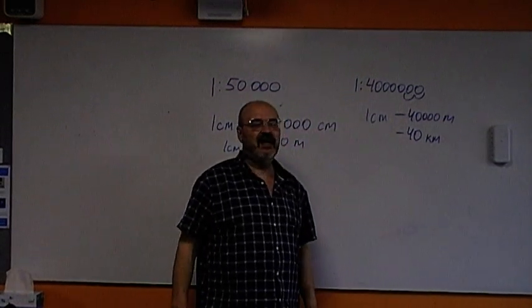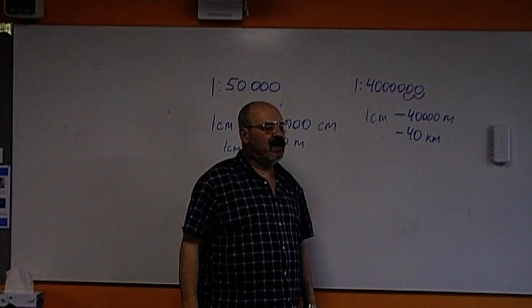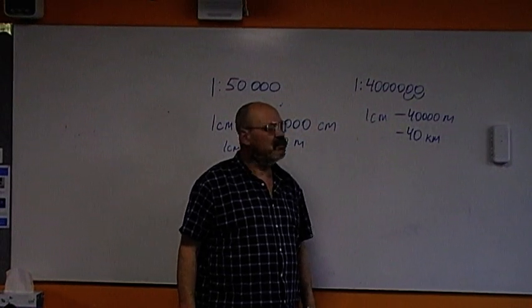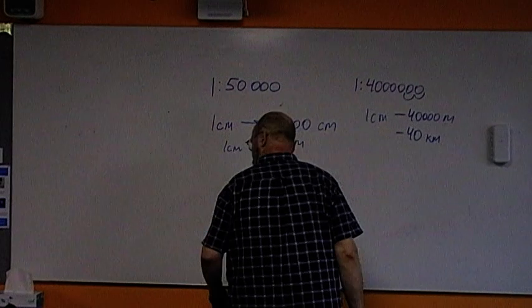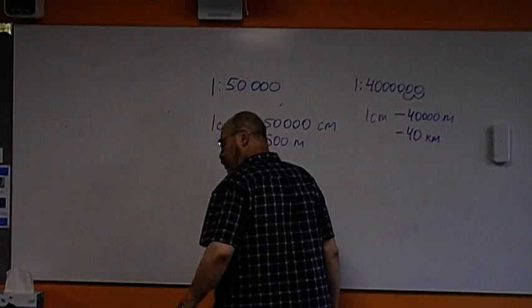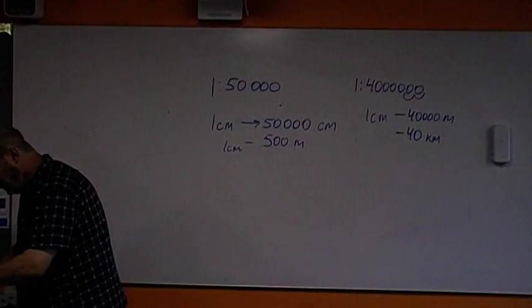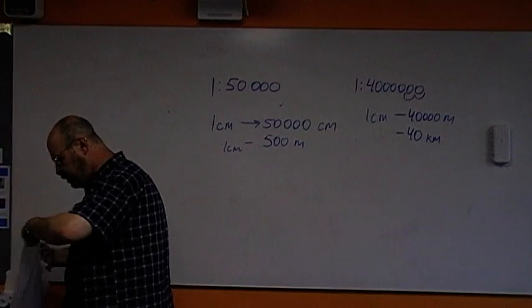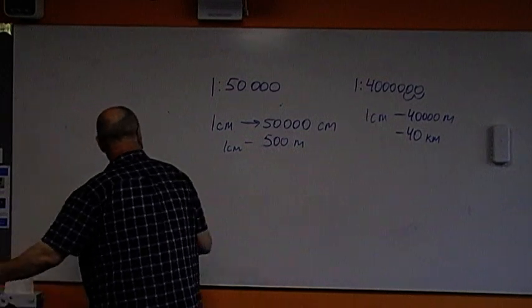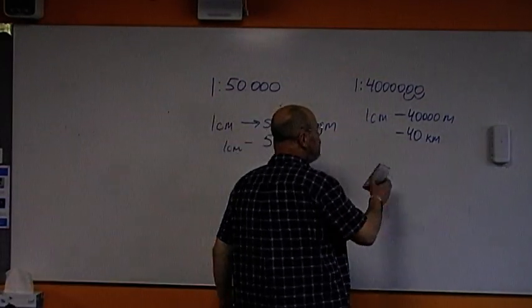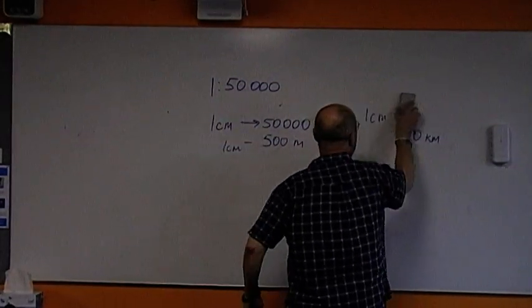Now, for example, let's say the distance in real life from Melbourne to Sydney is 900 kilometers.